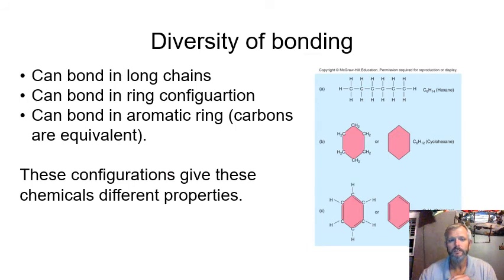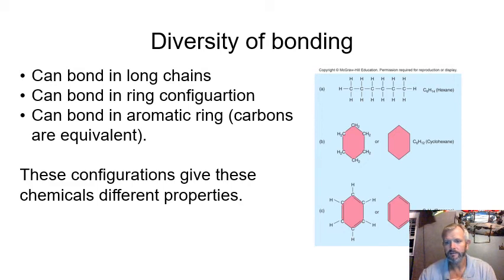So, diversity of bonding, make long chains of molecules. We can make ring configurations, all right, and we can also do aromatic rings. That means we got these double bonds here.